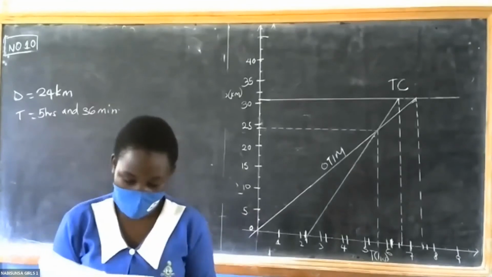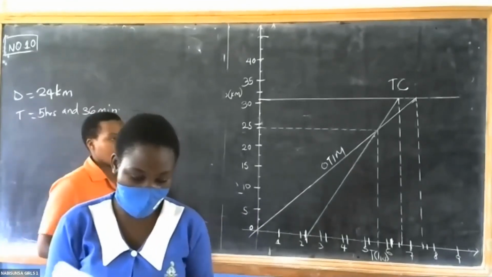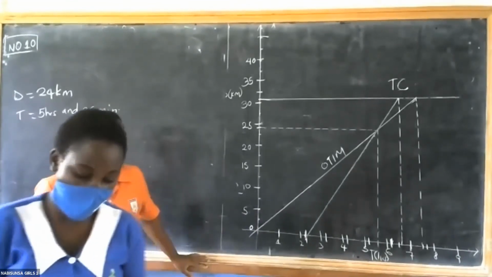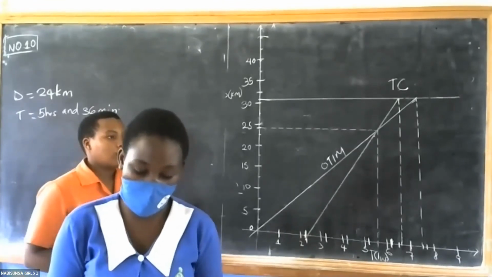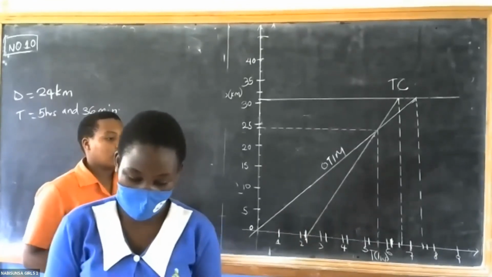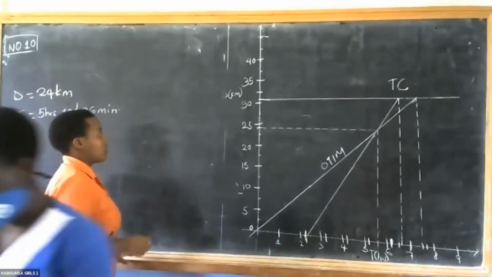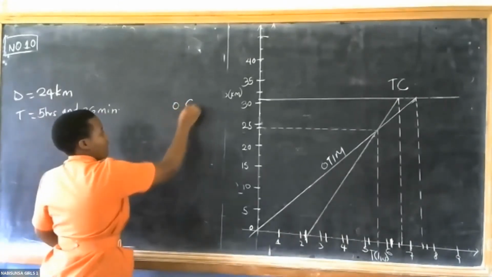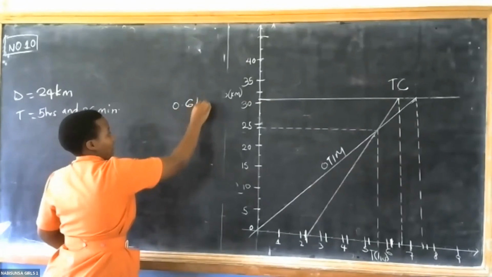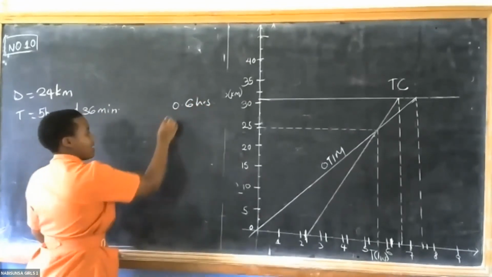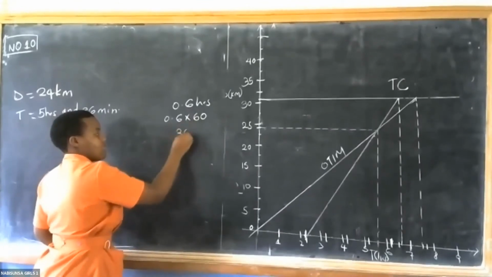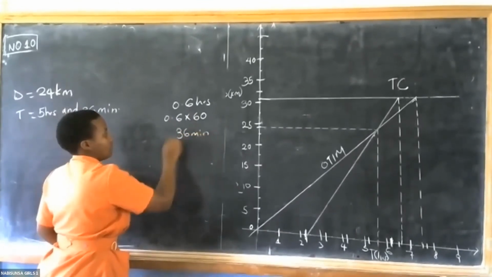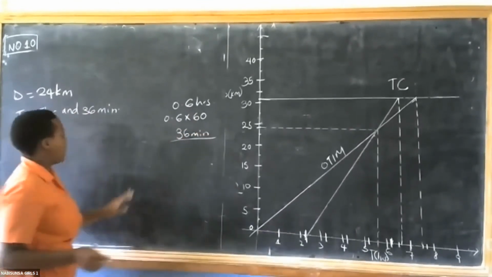Given that Mukasa then reduced his speed and maintained a new speed till he arrived at the trading center, thereby arriving 0.6 hours later than if he had maintained a 7 kilometers per hour speed. So 0.6 hours. When you get 0.6 times 60, it gives us 36 minutes.